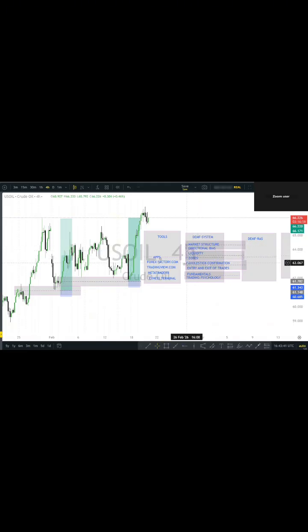Unless you still want to learn about crypto, the only thing we need to do is get the platform, which is Binance, Bybit, or Bitget, then go through the platform and I will show you how it works. That is the only thing different. With this technical knowledge, risk management knowledge, and psychological knowledge, you can trade any financial market.